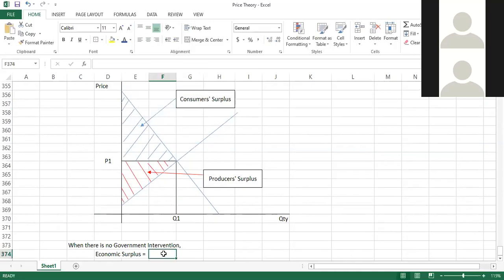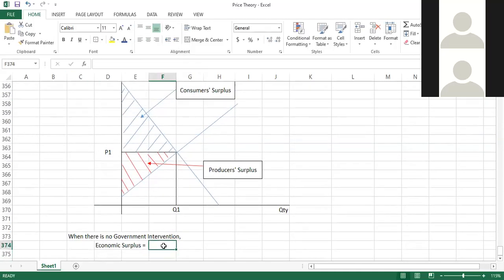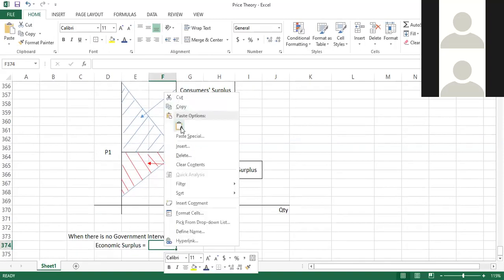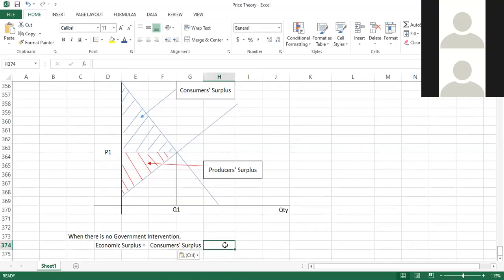It is equal to the consumer surplus plus producer surplus, right?